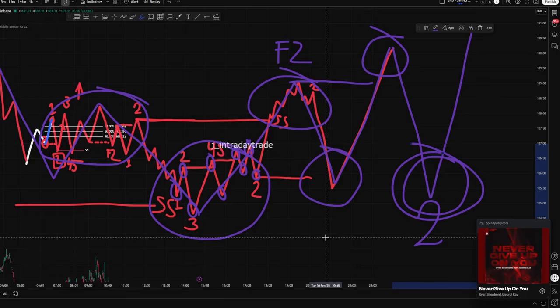Listen to me closely here: at every turning point in the entirety of the market, down to the tick charts of the tick charts, you will have a sequence that fails or succeeds or goes lower or continues. 100% of every turning point in the market has a sequence on some time frame.